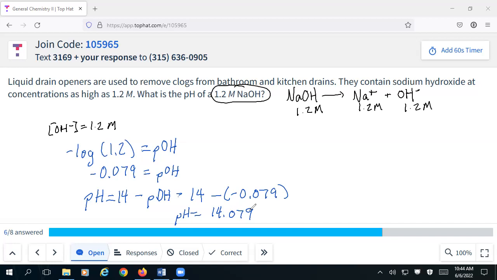So I guess if we're following our own logic here, 2 sig figs should have led to 2 decimal places. So the pH we'd be looking for there is 14.08.